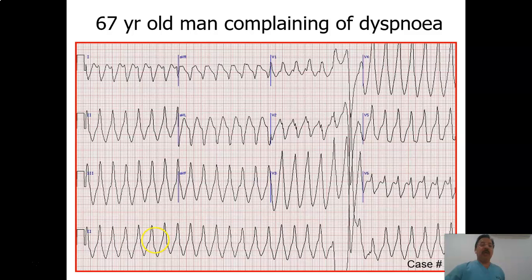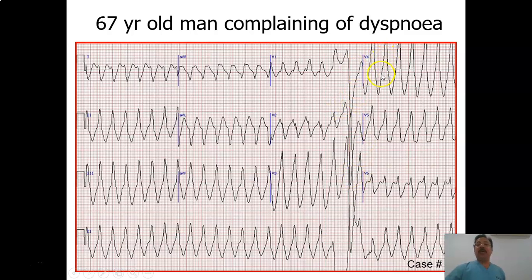If it's a wide complex tachycardia, let's apply Brugada's algorithm here. The first step is to look at whether the RS is lost or not in any of the chest leads. So the RS is lost in V1, V2, V3, V4 and V5. So probably this is ventricular tachycardia. And look at the Brugada sign here.